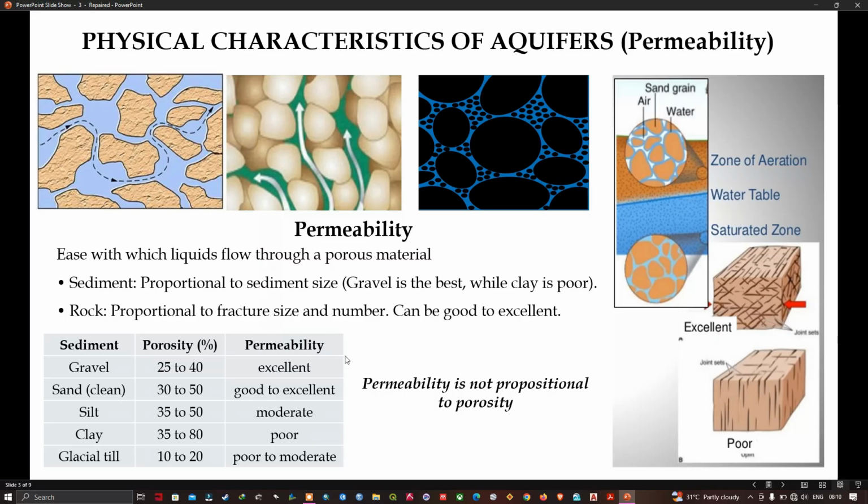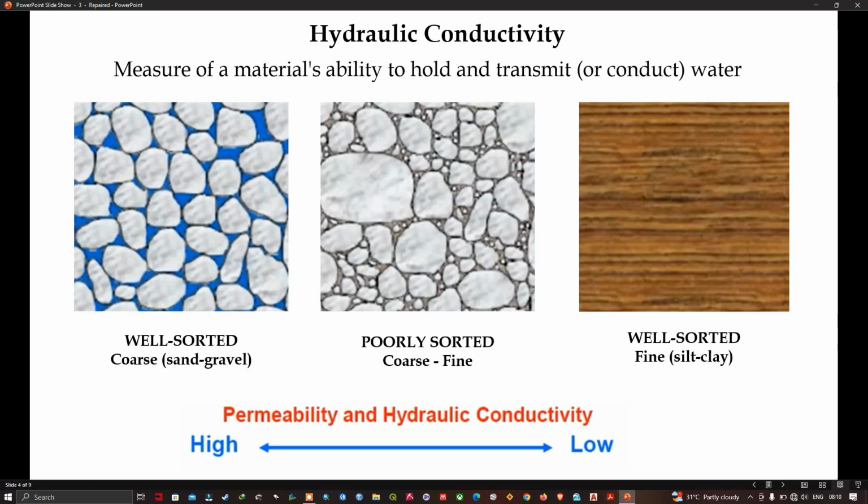One of the most important characteristics, of course, for the aquifer is the hydraulic conductivity. The hydraulic conductivity is the measure of a material's ability to transmit or conduct water, and the permeability and hydraulic conductivity are directly proportional.